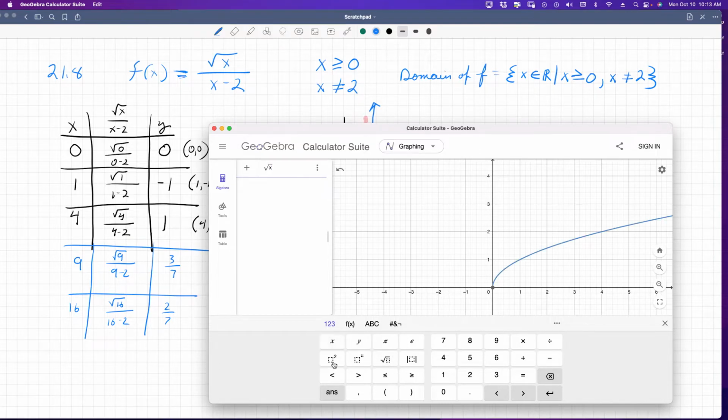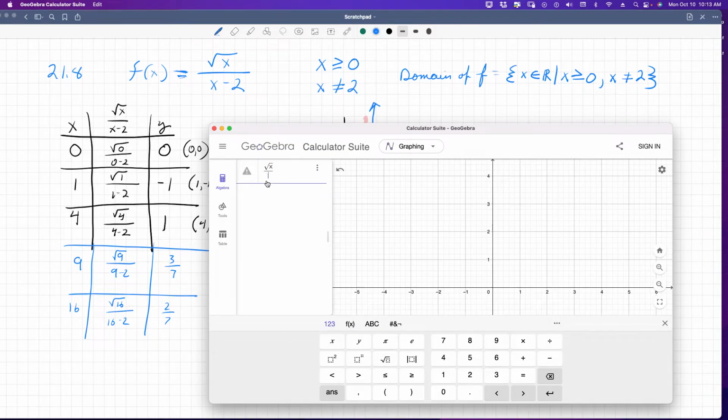Square root of x, space, divided by, there we go, square root of x.